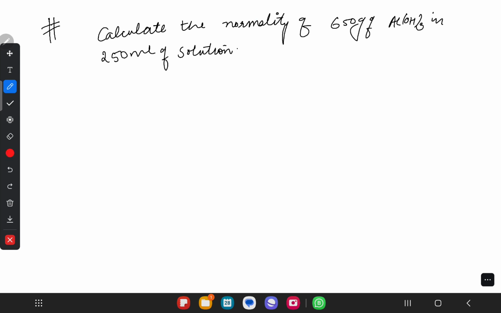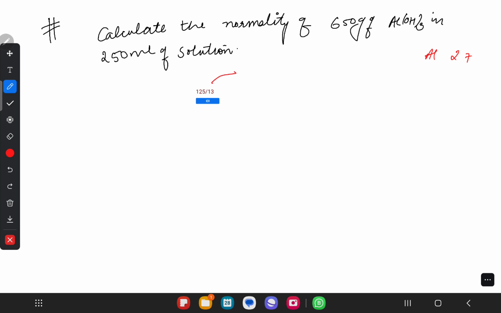What is the mass of Al? 27. 27 plus 17 times 3 is 78. 78 divided by 3 is 26. Then 250 divided by 26 is 125 by 13.